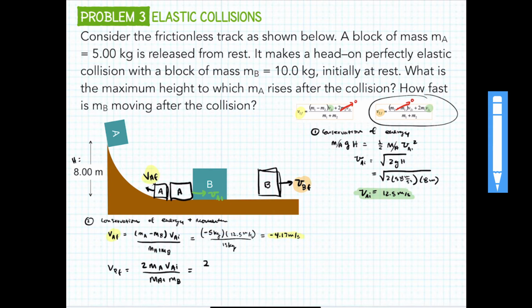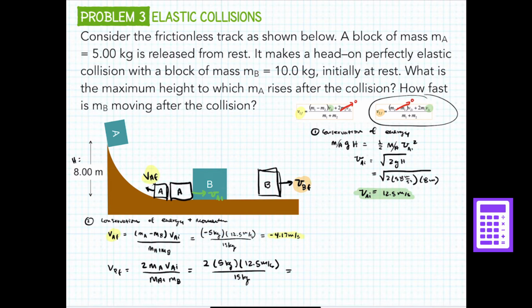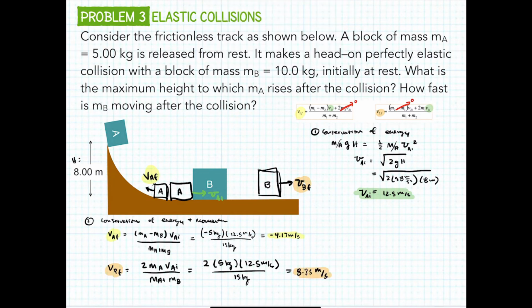So that's going to be 2 times 5 kilograms times 12.5 meters per second divided by 15 kilograms. And that's going to give us a speed of 8.35 meters per second. And we can just color code that so you can see what that looks like. Okay. Any questions so far?